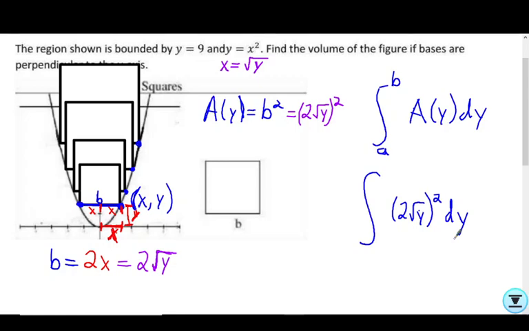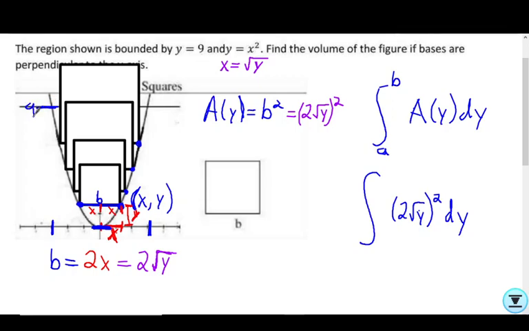Now I've got to find my limits of integration. And this is the part that always trips up my students, is that they want to use the x values and say the volume starts here and ends here in the x. But since we're creating an integral in terms of y, the integration limits have to be in terms of y, and my volume starts here at 0 and ends at 9.